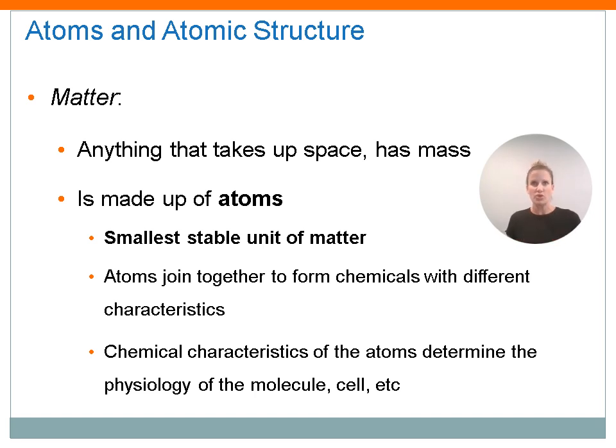The way that the molecule behaves in our body is going to be based off of its chemical characteristics. And this ultimately is why we care, right? This is anatomy and physiology. Why do you care about the chemistry? Because the chemistry determines the way it behaves in our body.